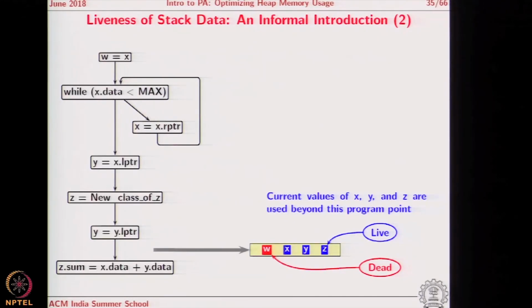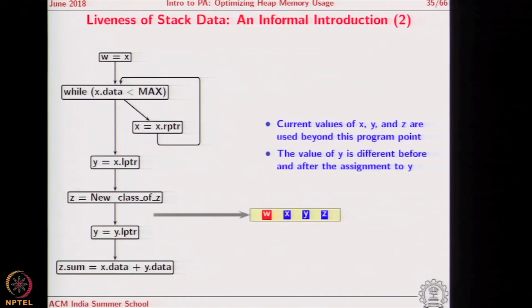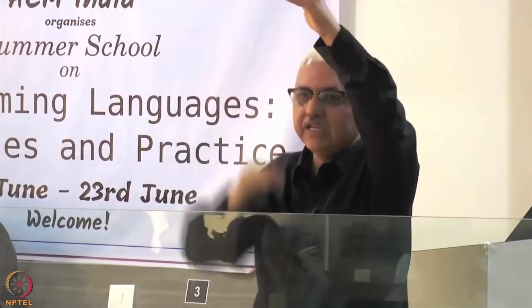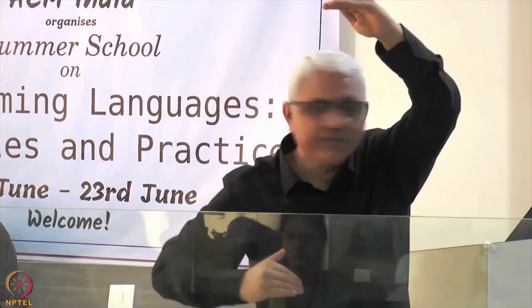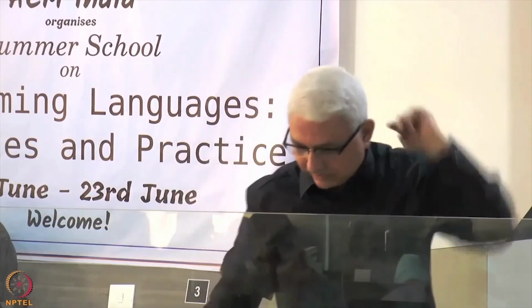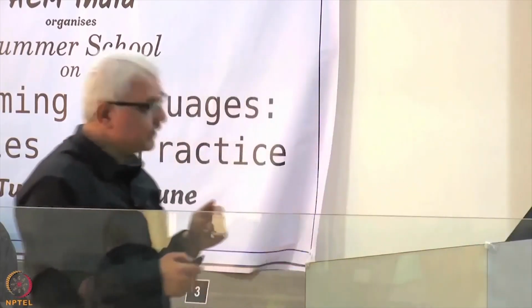The value of y has changed here, but we are not asking the question, has the value of y changed? We are only asking the question, is the current value of y required? So, y may be live here, y may be live here, and the values in y may well be different. We are not talking about the values in y, we are talking only about the use of values in y, right. So, y is live here.